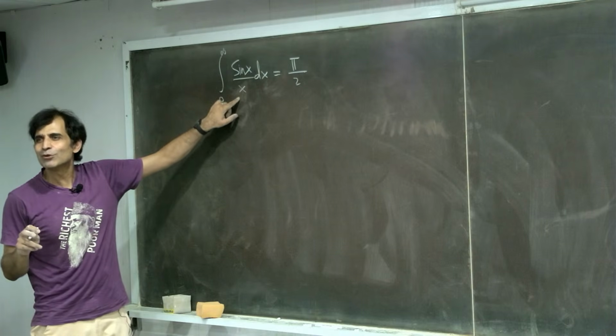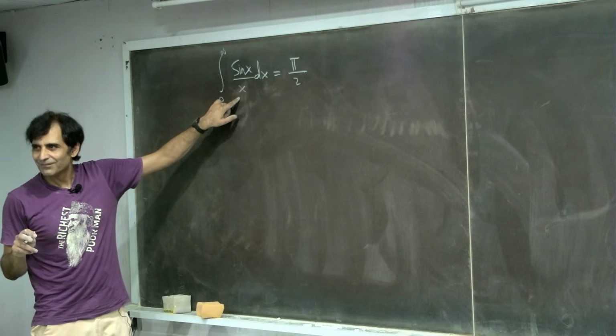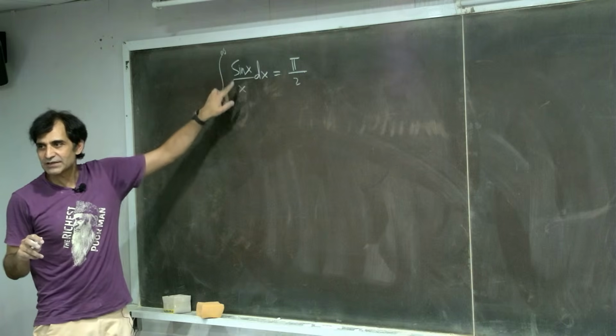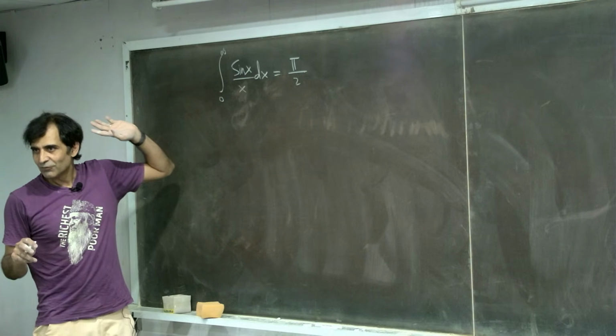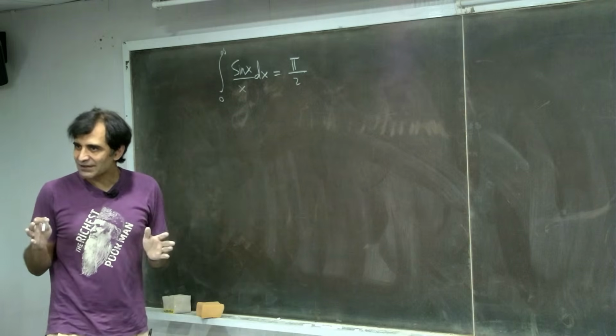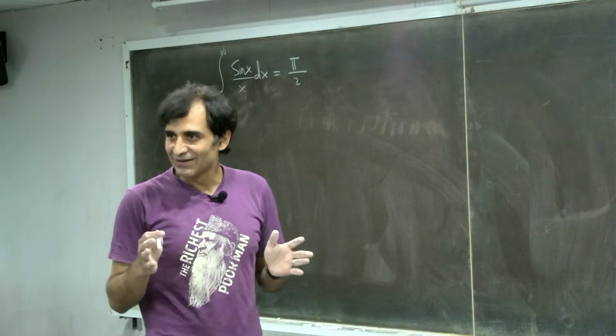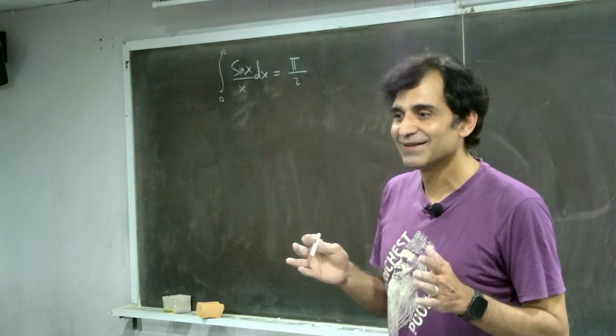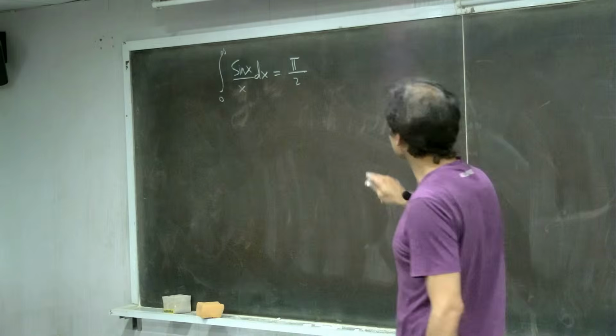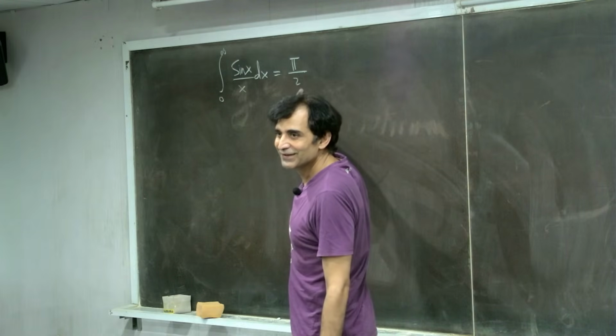For small x there is no problem, because sine x becomes x over x, which becomes 1. For large x, if we take the modulus of it, sine x mod becomes 1. It goes as 1 over x dx, it has a logarithmic divergence then. But you see, still the answer is finite, it is pi by 2.